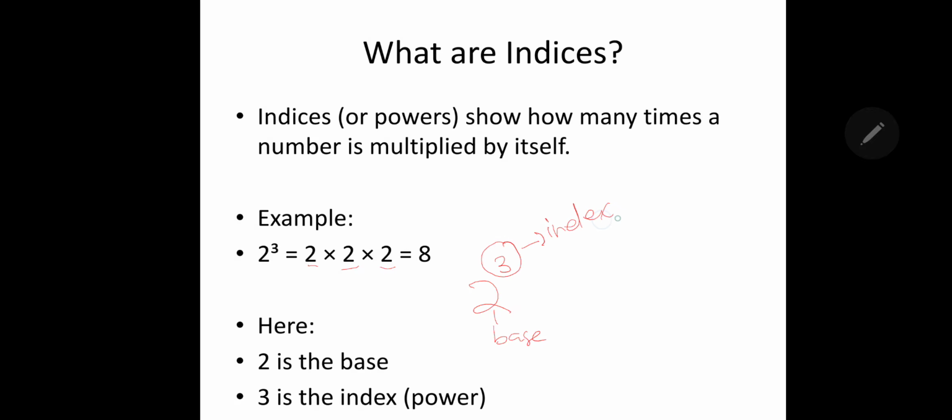If you want to read it, you read it as 2 raised to the power of 3, or you read it as 2 exponent 3, right?